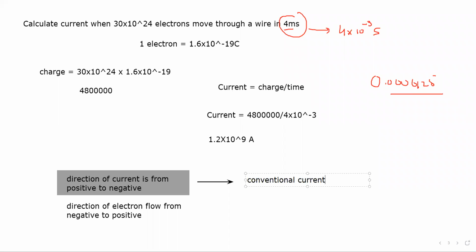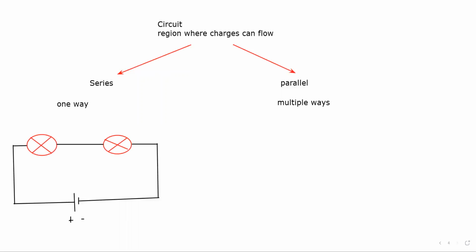In reality, all electrons are moving from negative to positive, but we always take the conventional current because the circuit laws are derived with it. So if I say state the direction of the conventional current, it will move from positive to negative.